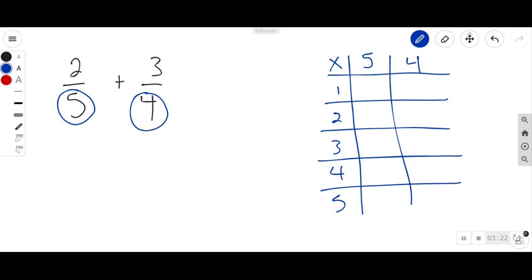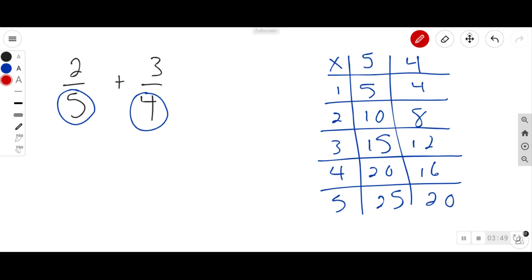And all I'm going to do is multiply a column to a row. 5 times 1 is 5. 5 times 2 is 10. 5 times 3 is 15. 5 times 4 is 20. 5 times 5 is 25. 4 times 1 is 4. 4 times 2 is 8. 4 times 3 is 12. 4 times 4 is 16. 4 times 5 is 20.